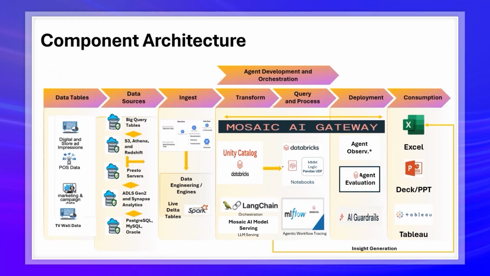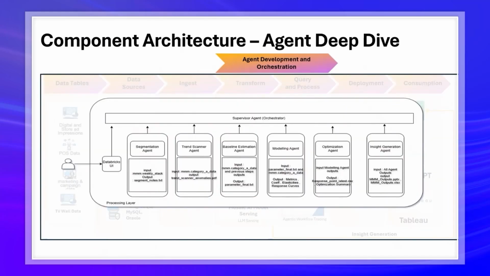So let's move to the agent deep dive. These are the agents, and this is how the workflow looks. The user interacts with the Databricks UI, be it a notebook or the playground. It triggers the flow, and it runs automated.